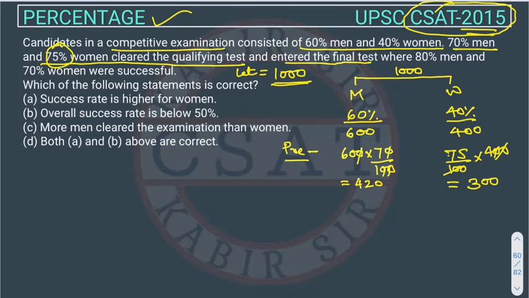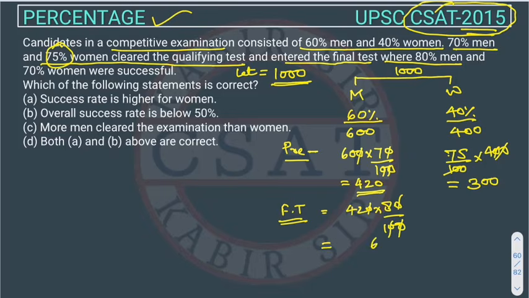Now there is a final test like the mains exam, right? Out of those who cleared prelims, these people will write the mains exam. Out of that, 80% of men clear the final test, right? This 0 will cancel this 0, this will cancel this 0.